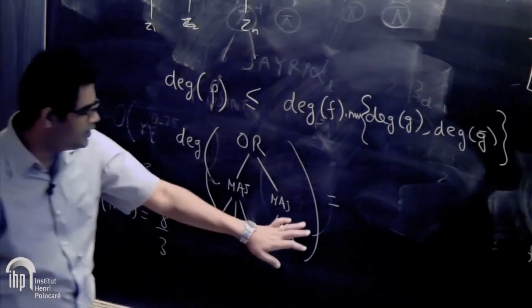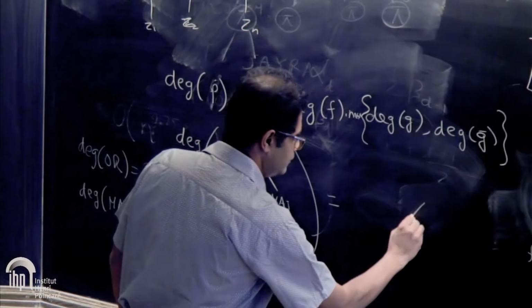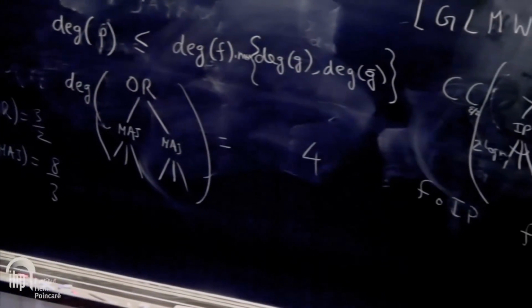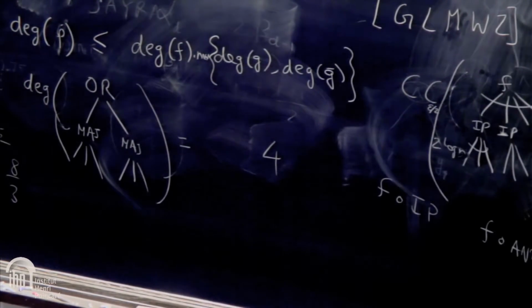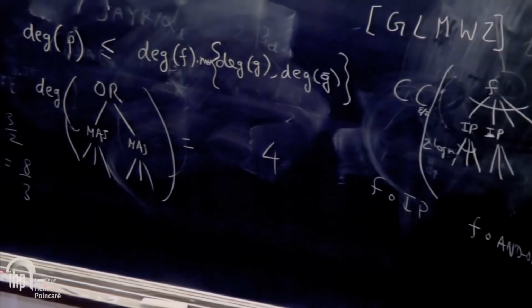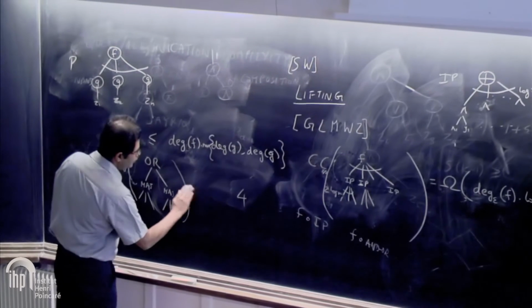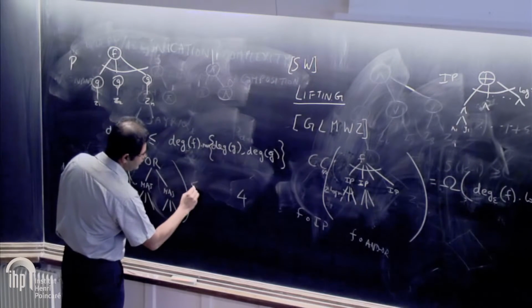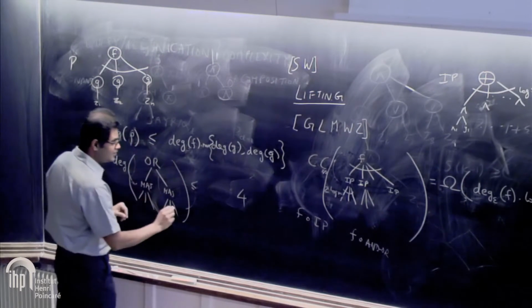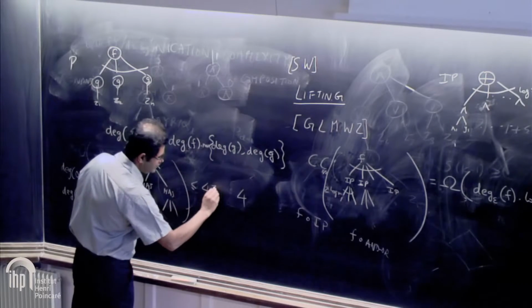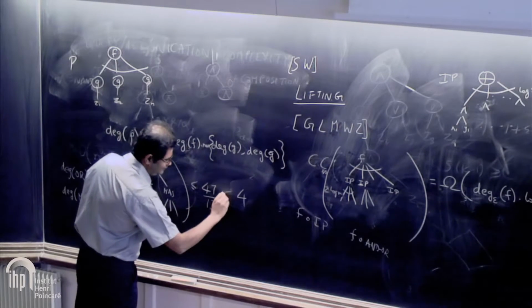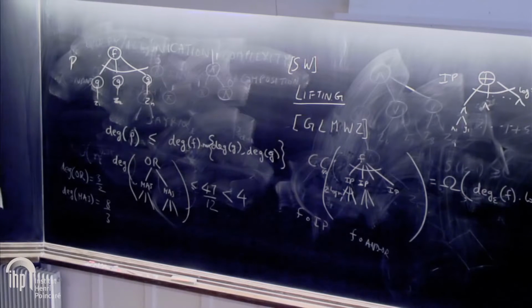So you would expect it to be 4 if you multiply these two. But it turns out, just by brute force search, this is a simple enough function that you can figure out what the optimal choice of weight should be, that you can actually show that this is less than or equal to 47/12. I'm just saying that I have a construction that achieves 47/12.